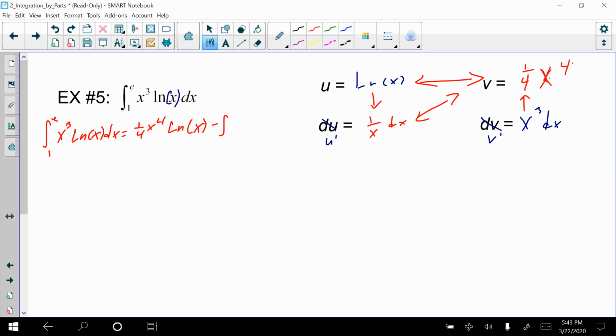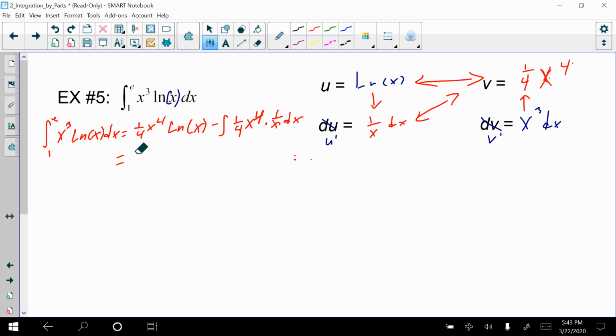So now we're going to say u prime times v. So we're going to say 1/4 x to the 4th times 1 over x dx. Okay, and let's simplify whatever we can.